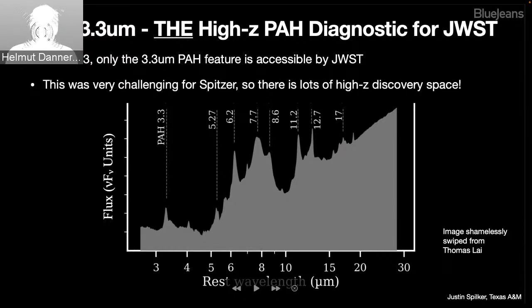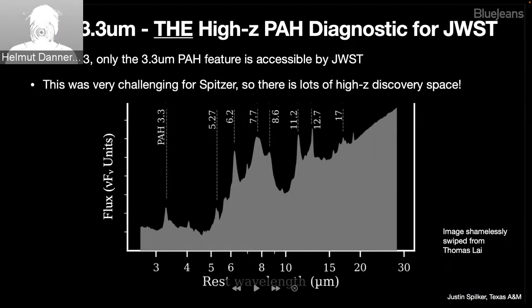And this line was almost completely ignored by Spitzer studies because, as you can see, it's a factor of 10 fainter than these much brighter features. We have some good samples these days from the AKARI satellite for low redshift sources, but there's a huge window of discovery space to learn about these very small dust grains in the high redshift universe.